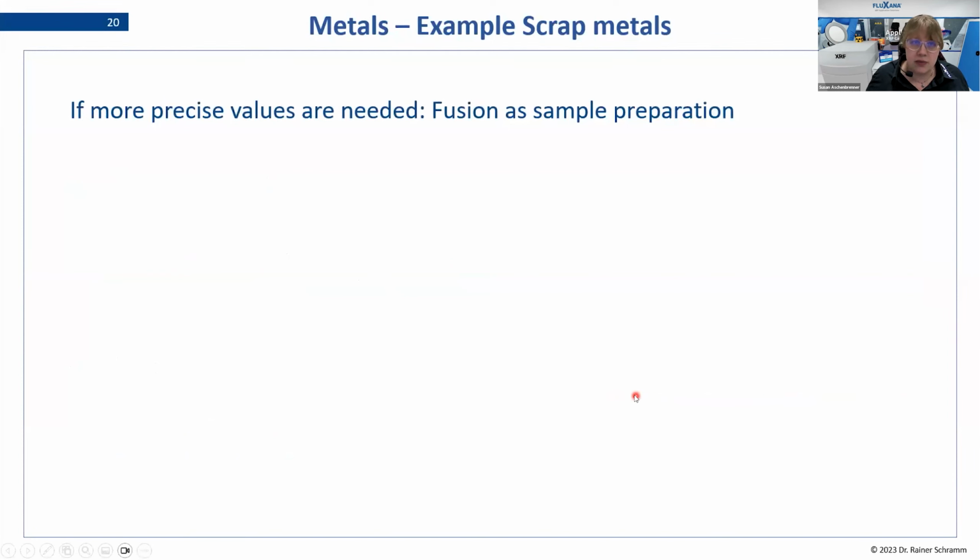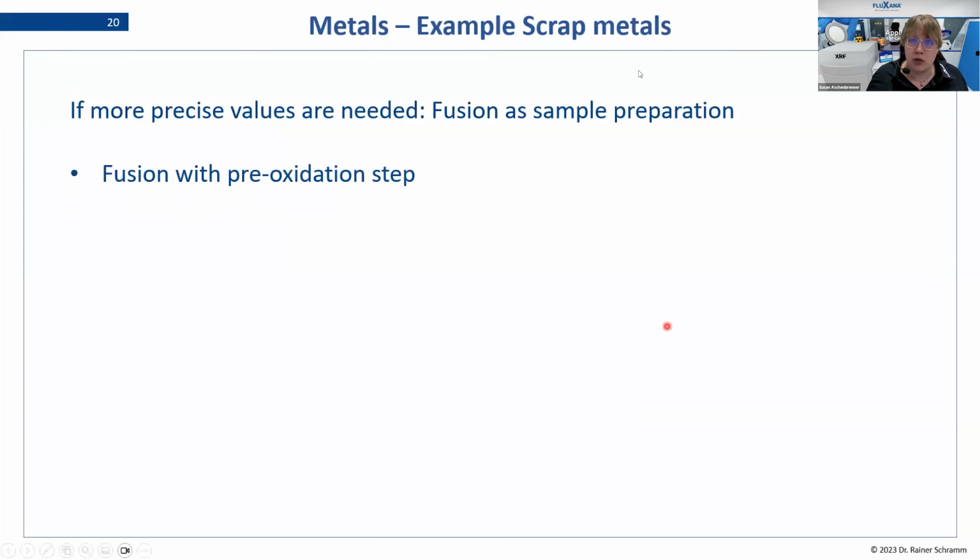If more precise values are needed than can be taken from this handheld XRF device, there is also the possibility to do fusion as a sample preparation. I already introduced fusion to you when we talked about the glass samples. In this case, it is not as easy because we need a pre-oxidation step. Why is that?